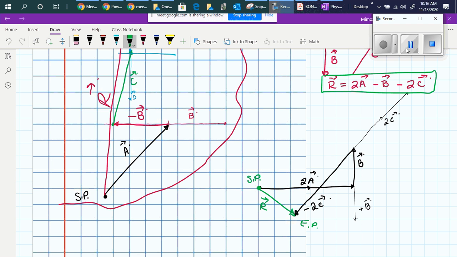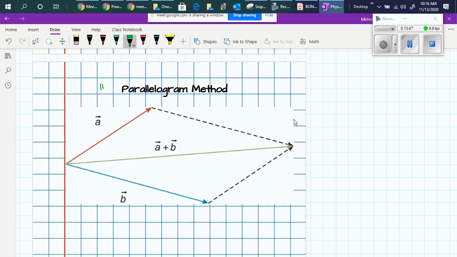Okay? The second method that we use to graph, to represent how to work with two vectors, is known as the parallelogram method. So you have two vectors, vector A and vector B, and you are finding the resultant, vector A plus vector B. What you do is you start at a point that is the starting point, and everything starts at that point.